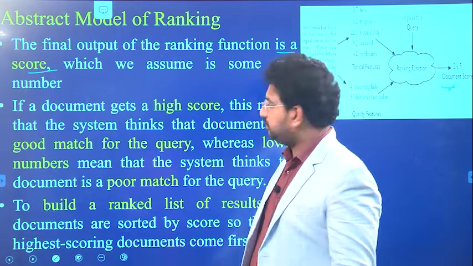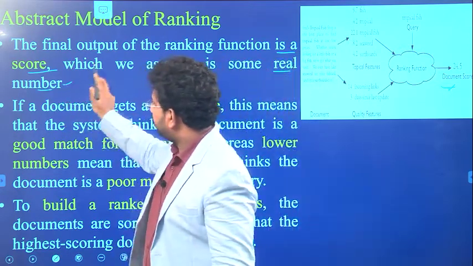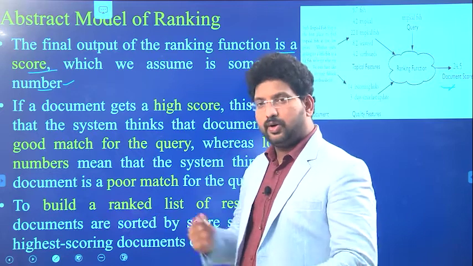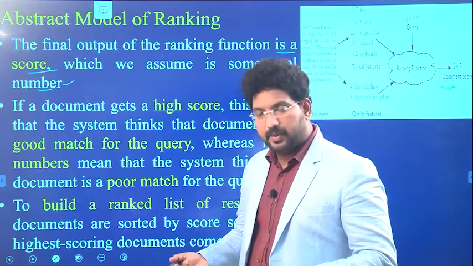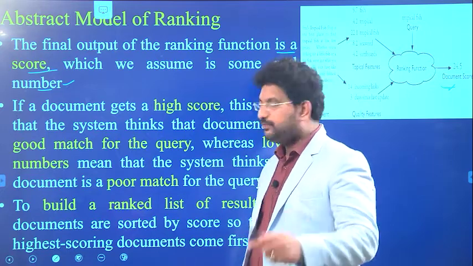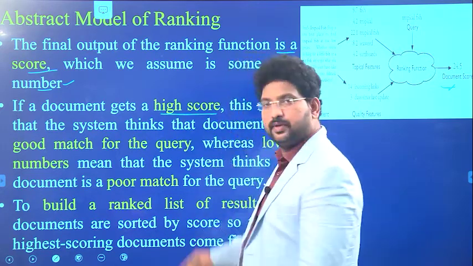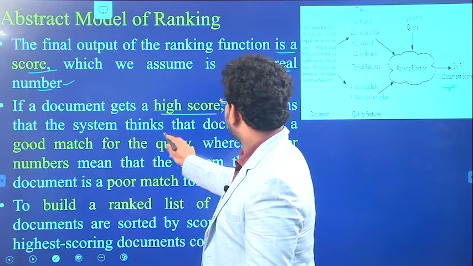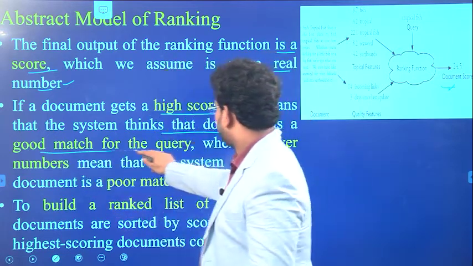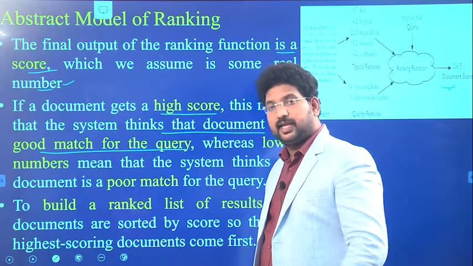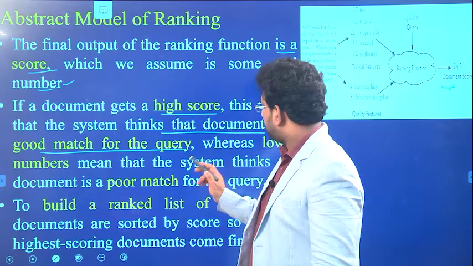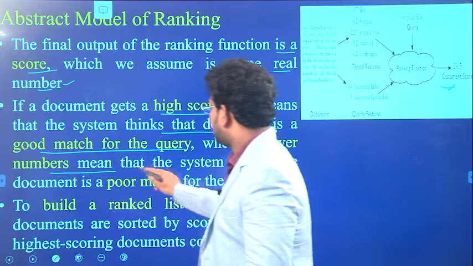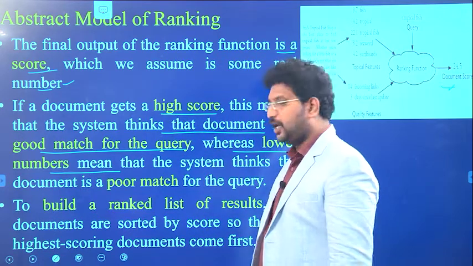On that basis, if a document gets a high score, this means that the system thinks the document is a good match for the query, whereas lower numbers mean that the system thinks the document is a poor match for that query.